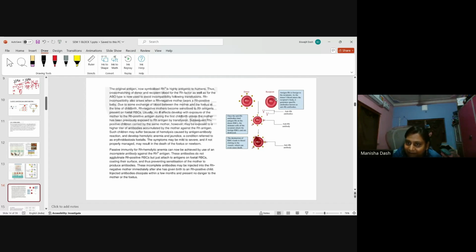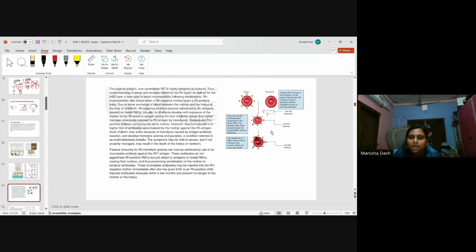So when the donor blood with a positive blood group is transfused into the recipient, the antibodies will start attacking the antigen, because the antigen and antibody always have an affinity for each other. Once the antibody starts interacting with the Rh antigen, it will lead to the lysis of the blood cells. So whatever blood is donated to the recipient, most of the RBCs will be destroyed.